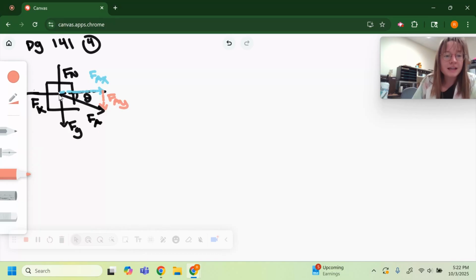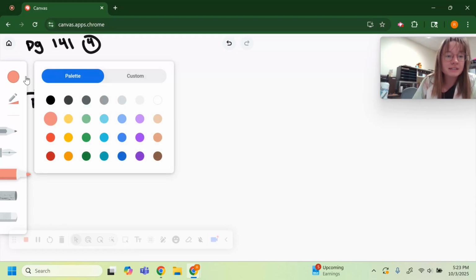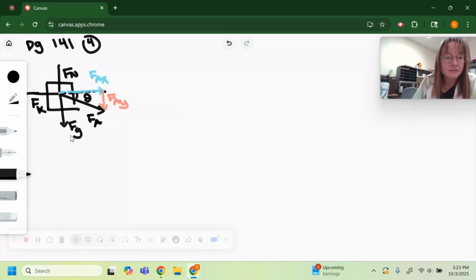That means that FN has to cancel out both FG and FAY, so FN has to be equal in size to the size of FG plus the size of FAY. Eyeballing that looks to be about this long, so I'm going to draw FN up about this long. Notice FN is longer than FG, and that is the correct way to draw this diagram.